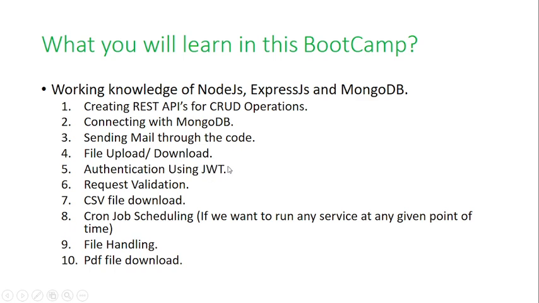Behind the hood, after validating the password, we are going to create one token using the unique ID of that particular user and the secret key. These two things we are going to provide. This is one method, and it will give us the token, and that token we are going to return to the front end.